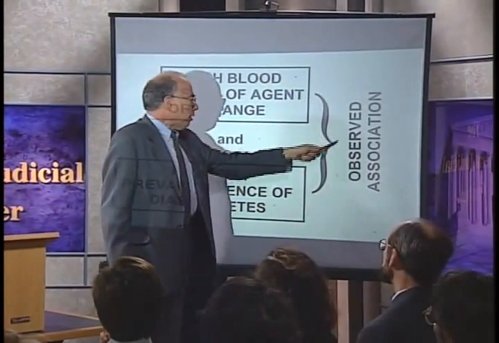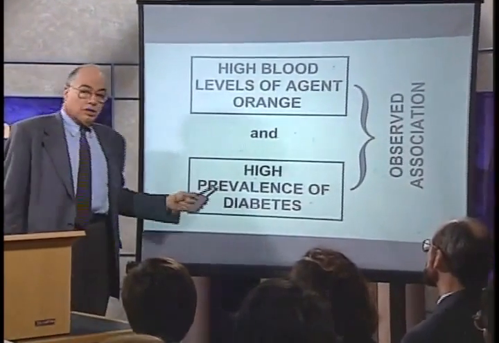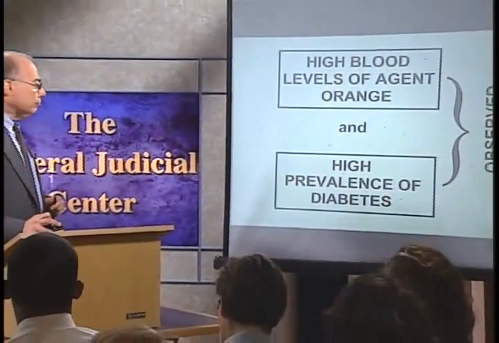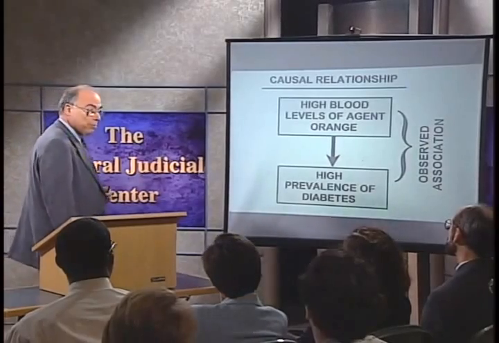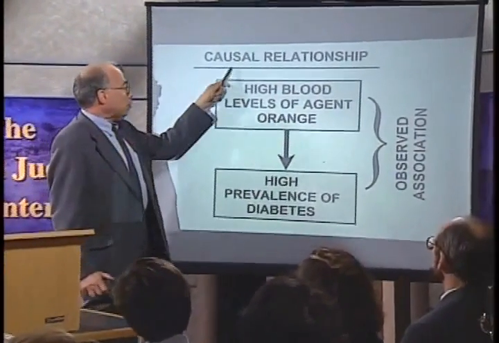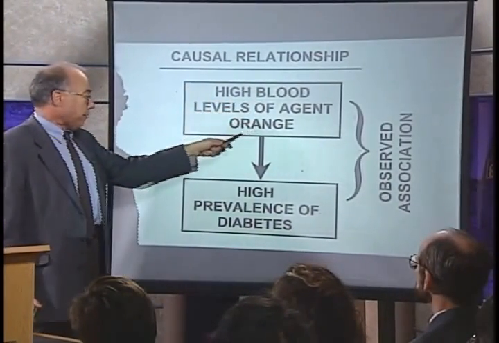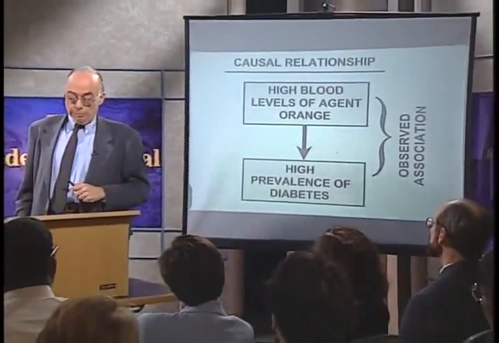The authors reported an observed association of increased blood levels of Agent Orange and prevalence of diabetes. Well, what does that association mean? It is possible, if the association is true, that we are really seeing the result of a causal relationship, that high blood levels of Agent Orange cause a high prevalence of diabetes. That is certainly one explanation.